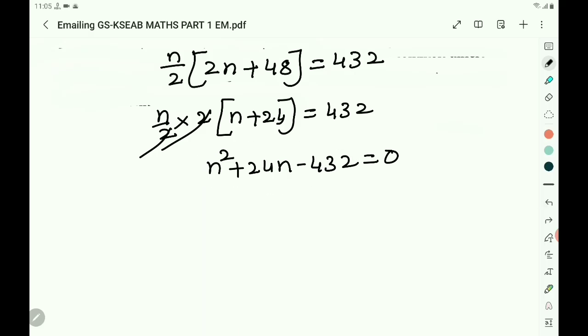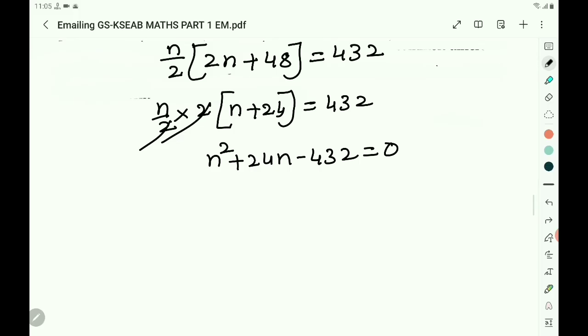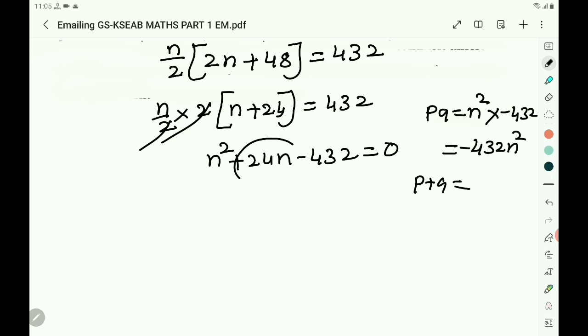Now you got a quadratic equation, and we have to find the value of n by the splitting the middle term method, taking sum and product. Here the product PQ equals n square into minus 432, which is minus 432 n square, and the sum P plus Q equals the middle term 24n.